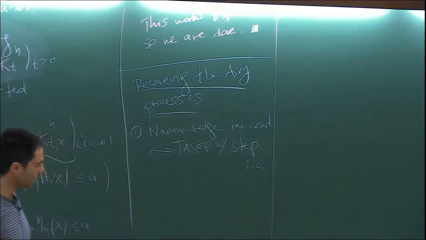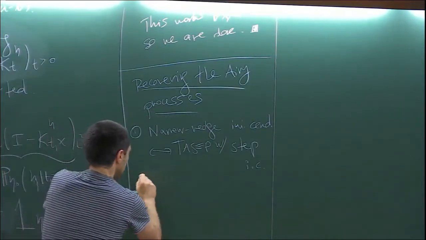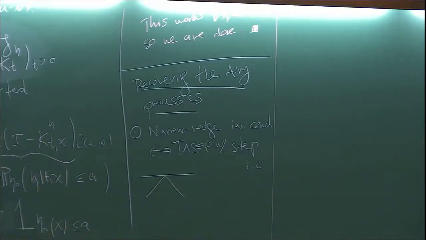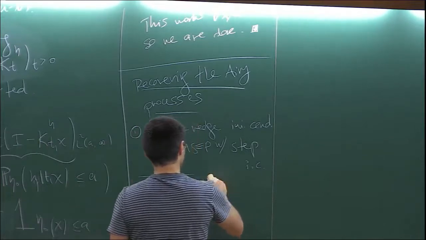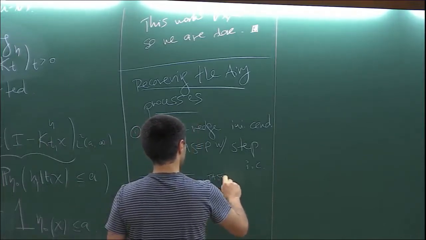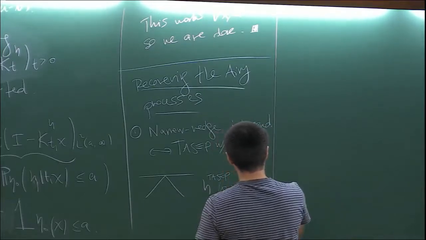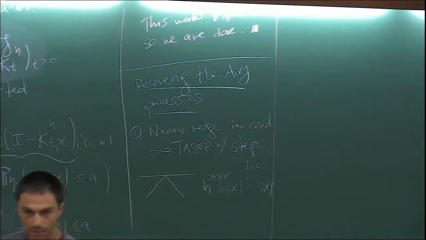If you remember, this meant that this was the TASEP initial condition, right? So this means H, let me put a superscript TASEP here. The initial condition for TASEP is simply minus the absolute value of x.